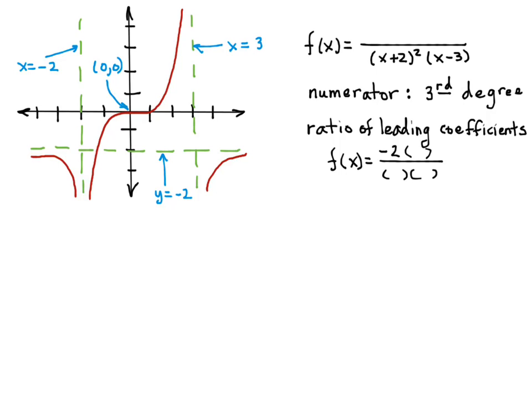When I look at the behavior of the function on either side of it, it comes and goes to the same place, so that has to be even, and we're going to just limit it to 2. And this one comes and goes in opposite directions, so x minus 3, when we have x equals 3, we get division by 0, and that's why we have the asymptote. So that's going to be a 1 because it comes from the opposite side.